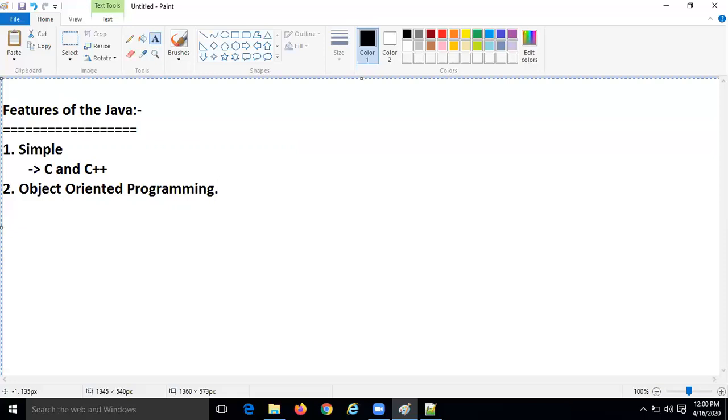The third one: Java doesn't support operator overloading. These are the proofs that Java is not pure object oriented. Many things prove that. But Java is an object oriented programming language.